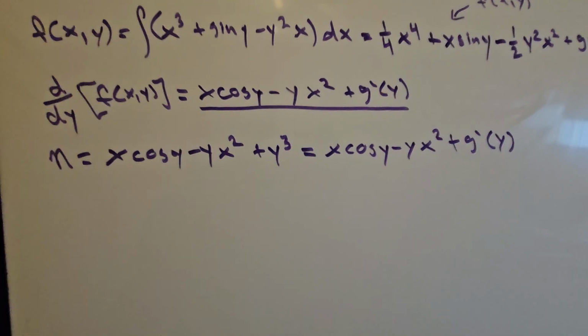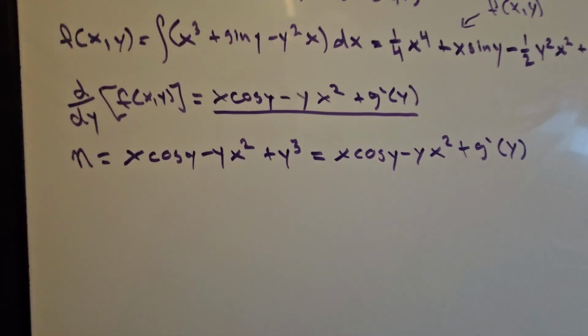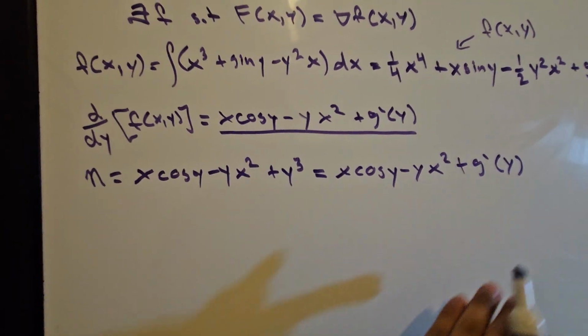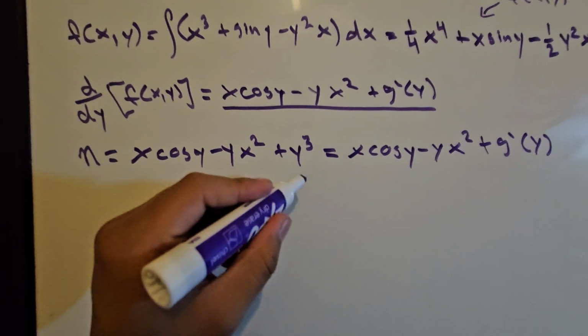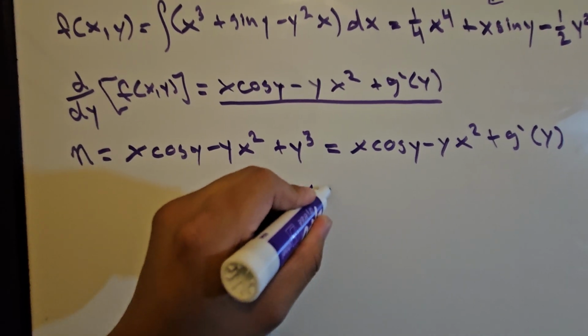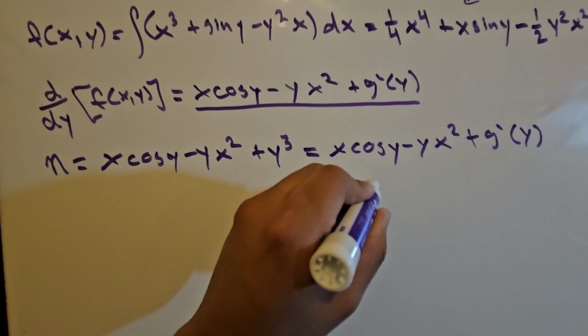Notice that these are pretty much equal, except for this part and this part. That means g prime of y is going to equal y cubed.